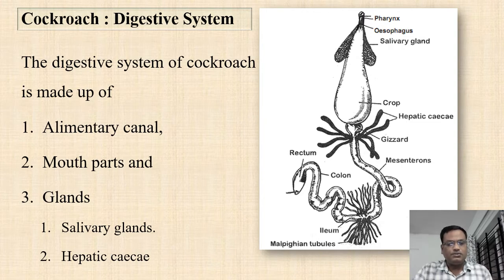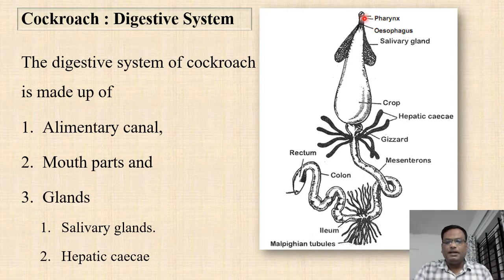The digestive system of cockroach, as I already mentioned, is made up of a muscular tube called alimentary canal, then the appendages surrounding the mouth called mouth parts, and the glands which secrete enzymes helping in digestion.